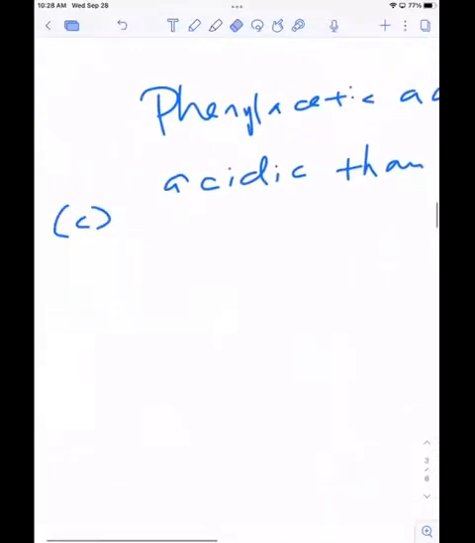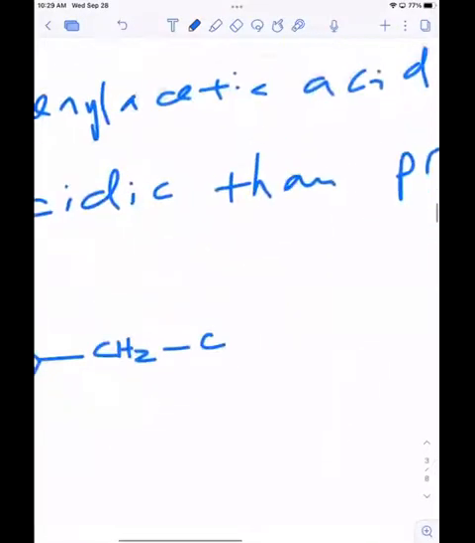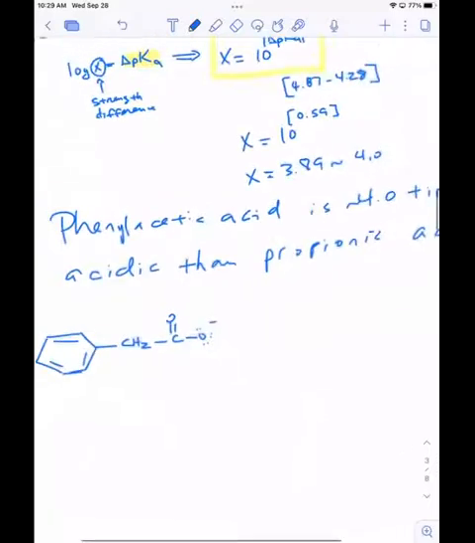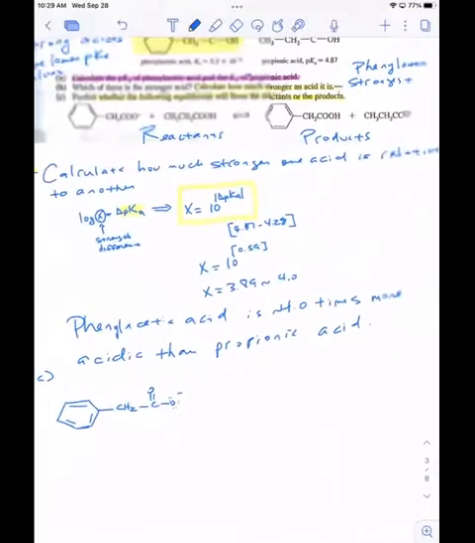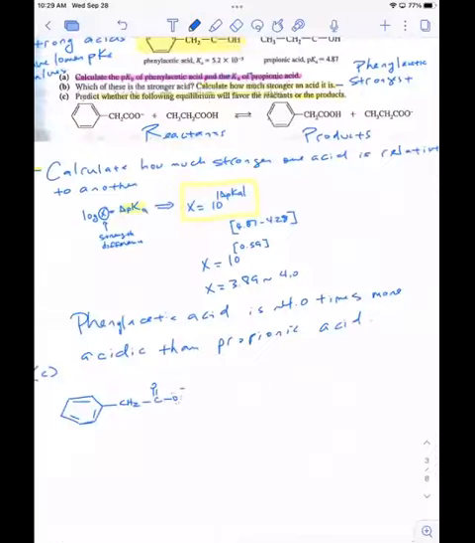All right, so that's that. That's the phenylacetic acid anion, and it's that plus, and I'll tell you what that actually is in a second, right? So that came from phenylacetic acid.